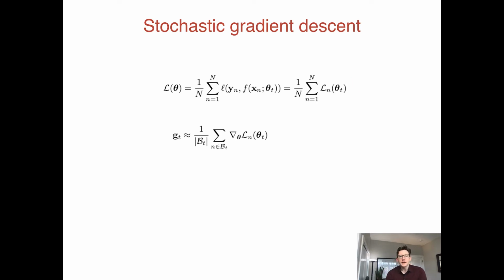But the key insight of stochastic gradient descent is that if we choose some batch B_t, where B_t is a subset of our examples 1 to N, and we instead compute our gradient over just that subset, that is, the sum over the derivative of these log likelihoods just for the batch, the gradient we get is approximately equal to the actual gradient.